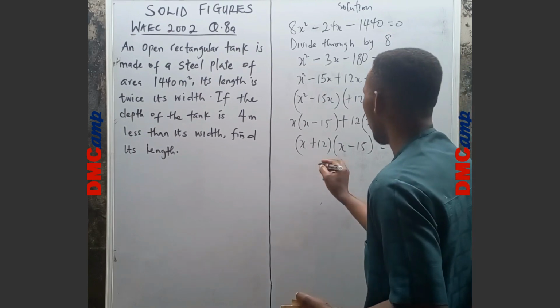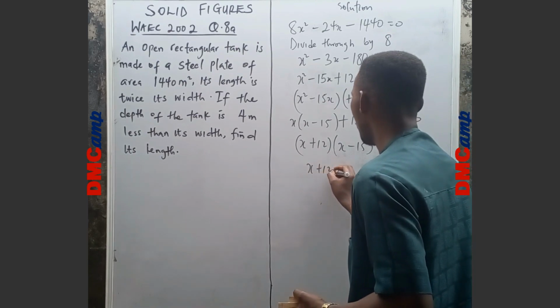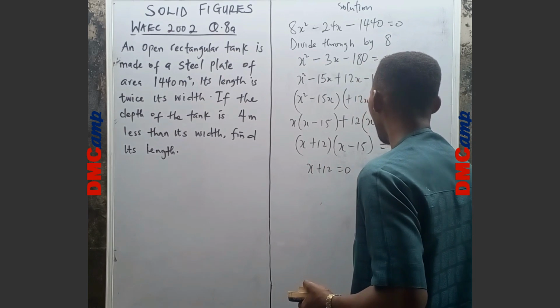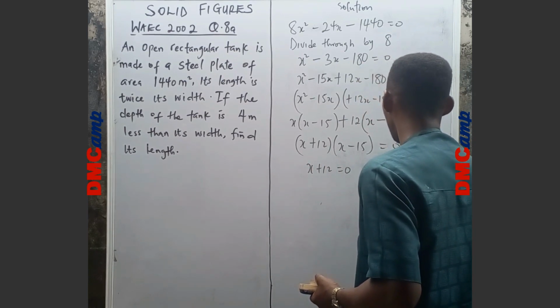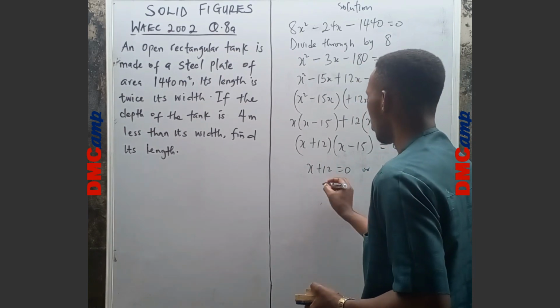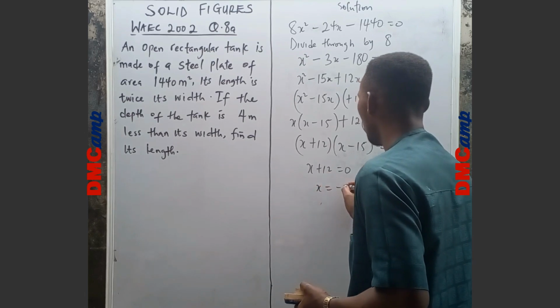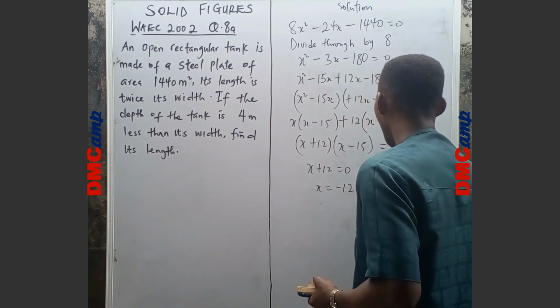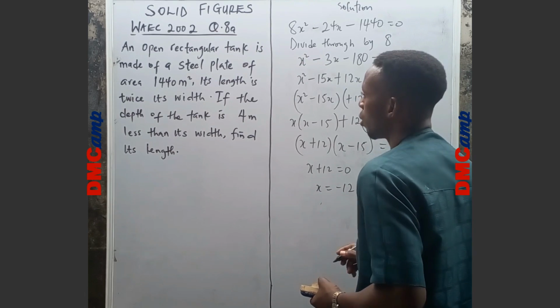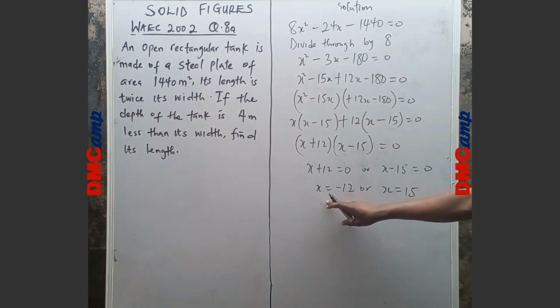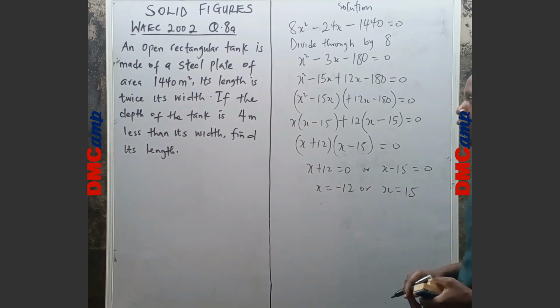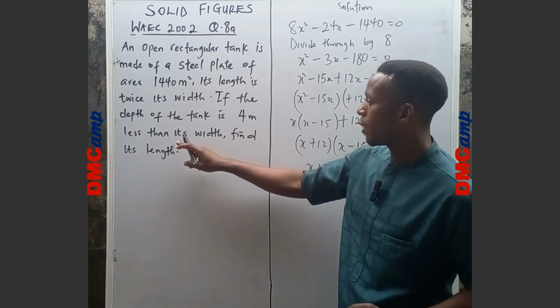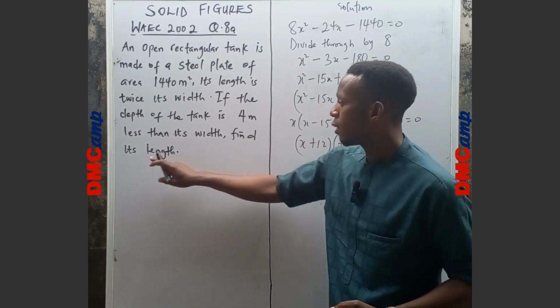Then equal 0. So from here, we can say x plus 12 equals 0 or x minus 15 equals 0. So here we have x equals minus 12 or x equals 15. But the question says we should find its length.